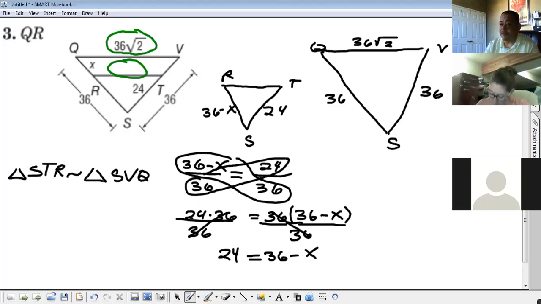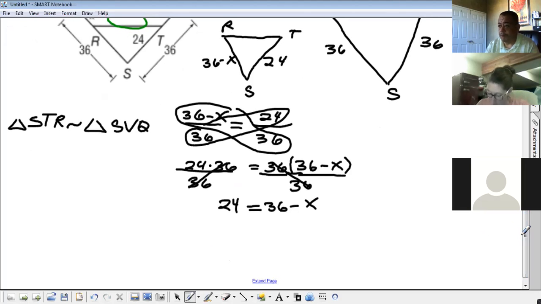Get the x by itself. How will you get the x by itself? Minus 36. These are opposites, they cancel.